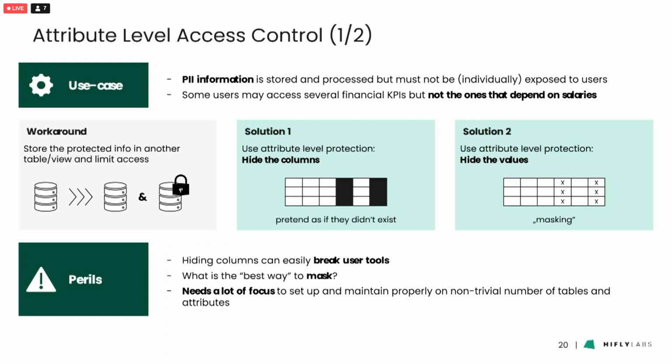If you hide columns, that's fair enough, but then you often break user tools. For example, dashboarding tools usually suppose that columns are there, whichever user looks at the table. They usually don't play very nicely with columns that don't exist. So it's easy to break user tools in that regard. If for one user the column is there, for another it's not there.